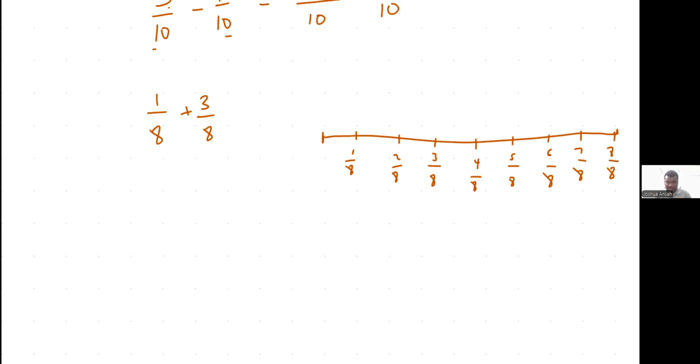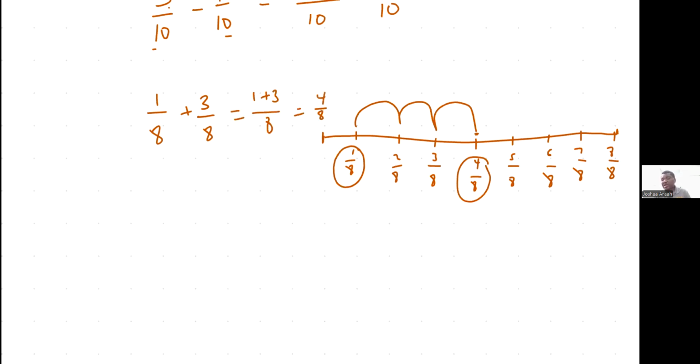So if I have 1 out of 8, and I'm adding 3 out of 8, which is 1, 2, 3, that ends me at 4 out of 8. So 1 out of 8 plus 3 out of 8 is 4 out of 8.